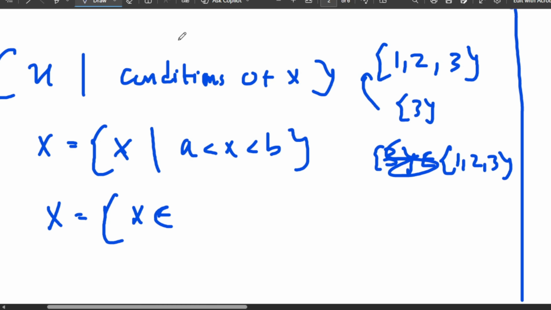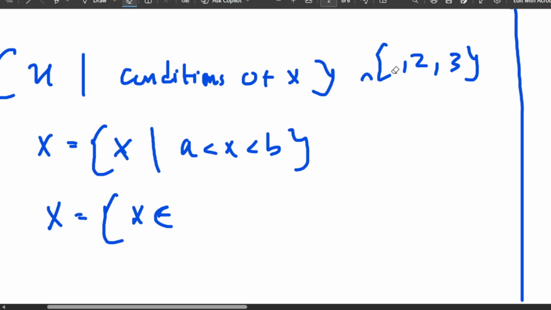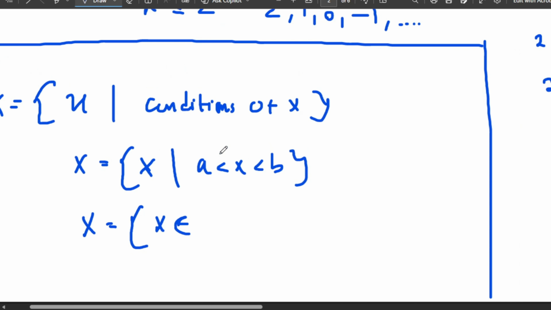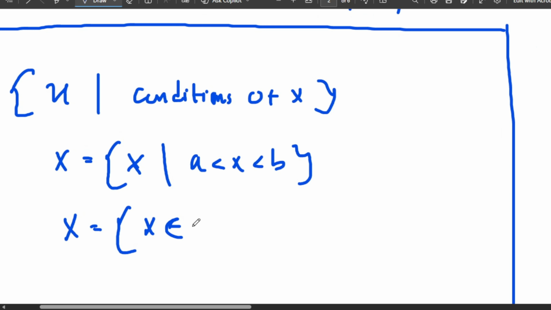But instead of writing the numbers, we write it as a and b, or as x and y. So x is in, let's say, our integers, such that a is less than x is less than b.